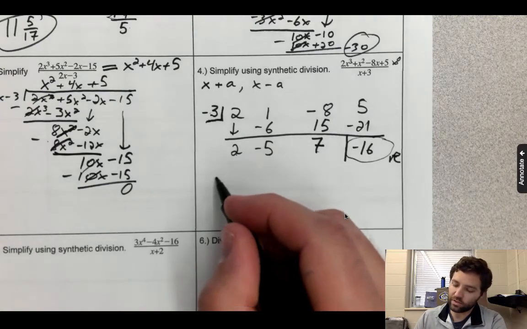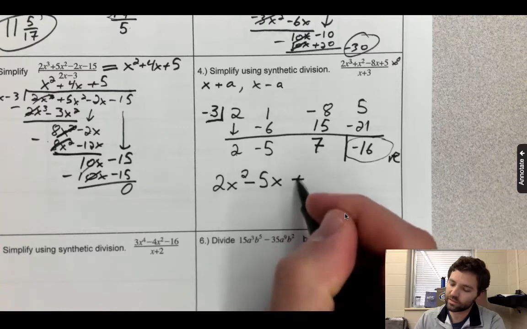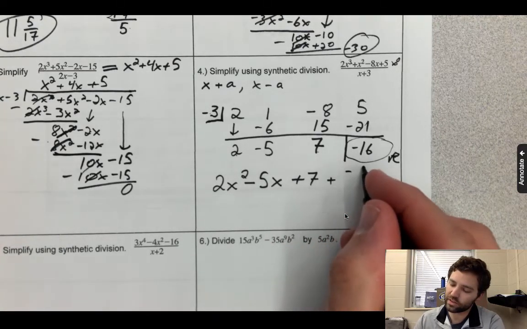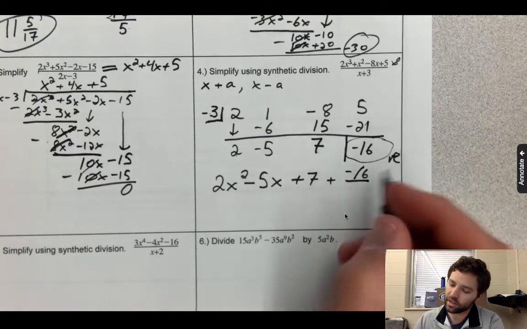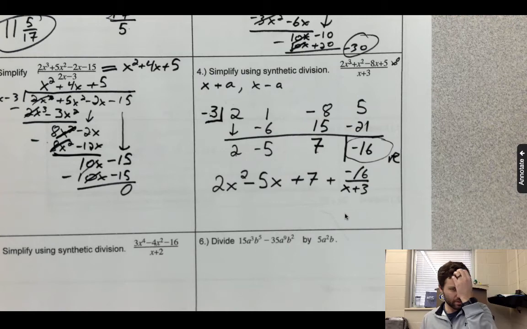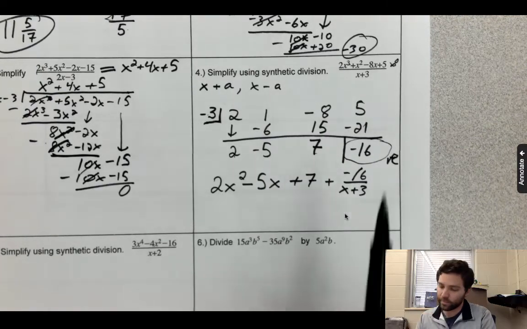So your answer here will be 2x squared minus 5x plus 7 plus remainder over divisor. So negative 16 divided by x plus 3. So it's a very weird process, but it is much faster. And the more you practice it, obviously, the better you'll get at it. But that is your answer.